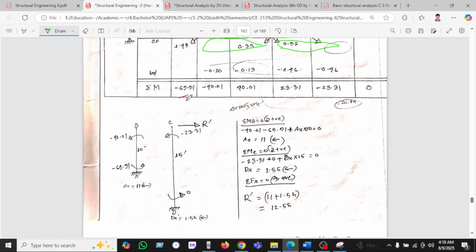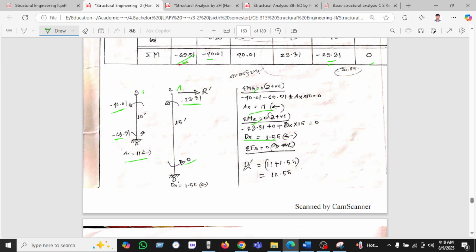And after calculating here, the final moment, minus 69 is anti-clockwise, and minus 40 anti-clockwise also. This is the 0 and 0, and it will be 20 minus 28, so anti-clockwise. After finding this, taking the moment at B, this is the point B, and found AX equal to 11, and taking the moment at C, this point, and found DX equal to 1.55.